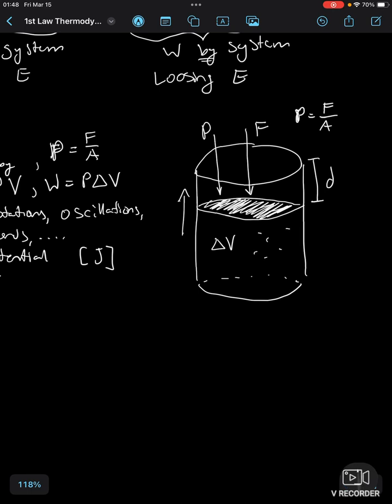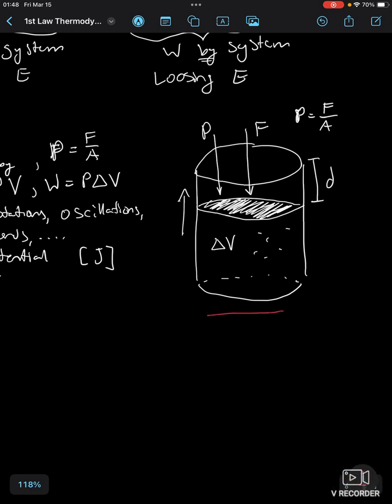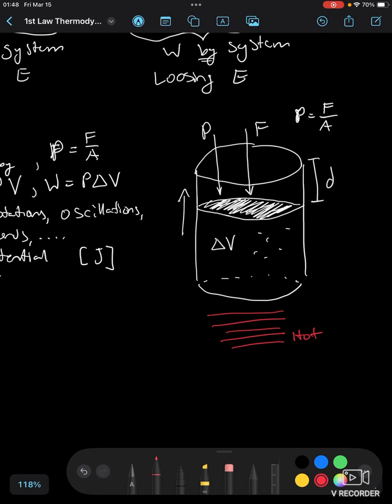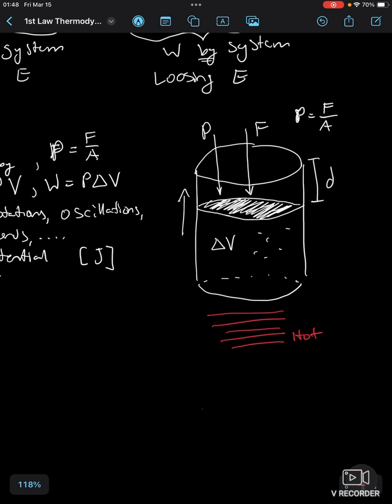Now, let's just say as well, that's work. Let's just say we have some type of heating pad or something. So it's hot over here. And we have it moving up into here. What does this mean?